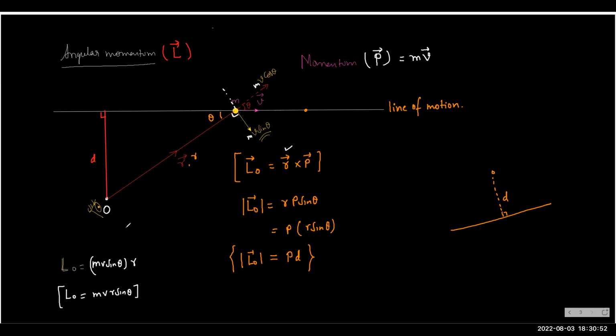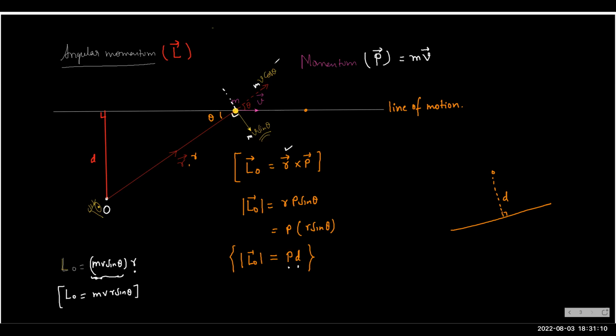So these are two ways of thinking. This is the momentum creating the angular effect multiplied by r. Or here, the actual momentum multiplied by d. Both are the same. So these are two interpretations.